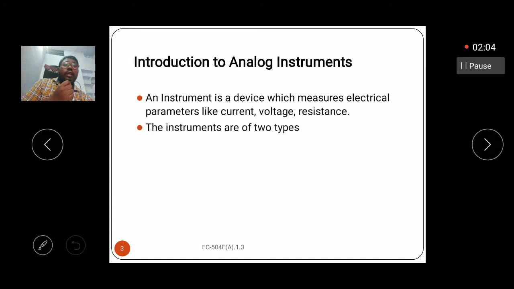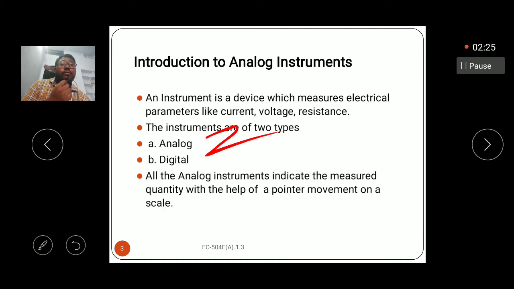The introduction to the analog instruments: in the last class I already covered this, but I can repeat it quickly. The analog instrument is a device which measures electrical parameters like current, voltage and resistance. The instruments are of two types: one is the analog instrument, the second is the digital instrument.